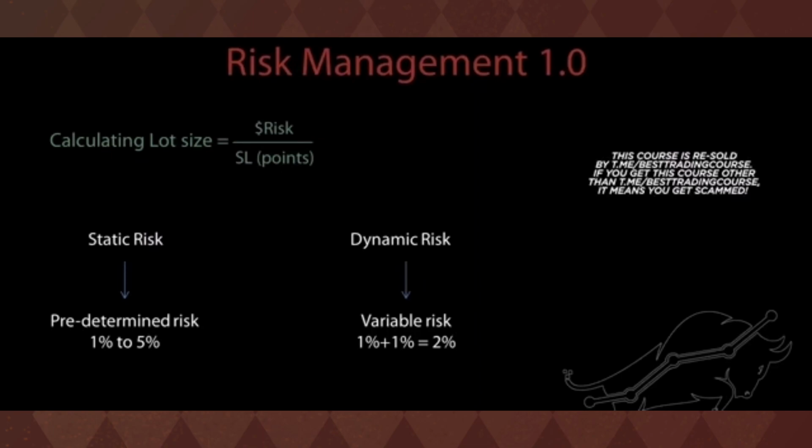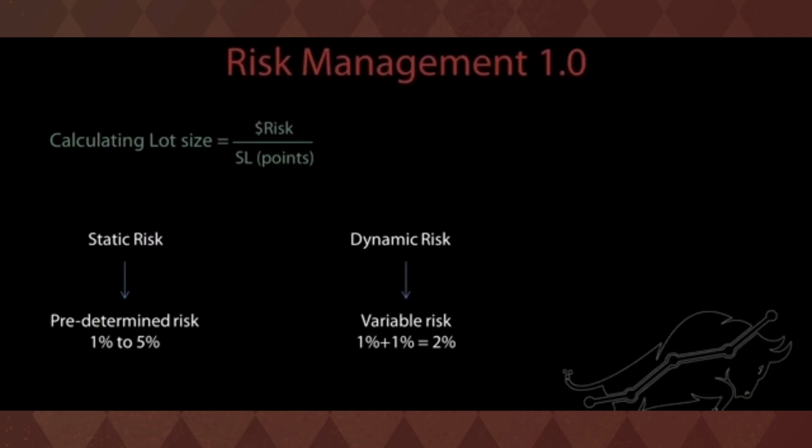Now, someone who's a little bit more advanced or has more experience might say, you know what, I'm going to use dynamic risk. Dynamic risk comes in when you're really breaking down your risk. Let's say you're going to use 2% risk, but you break that 2% down into two 1% positions.